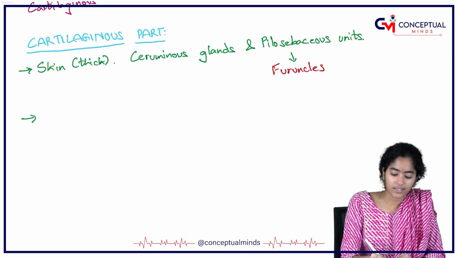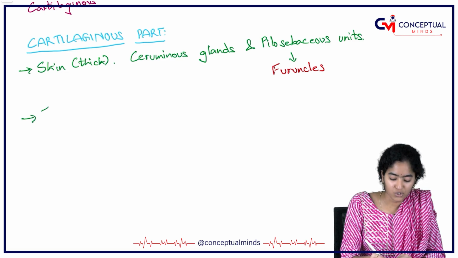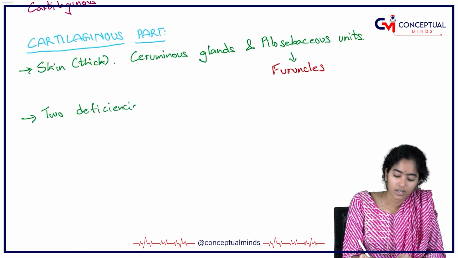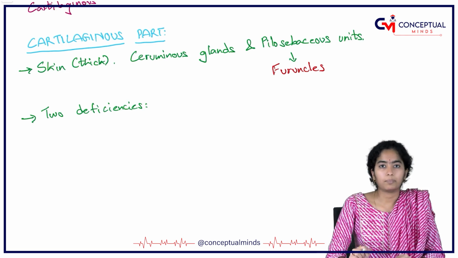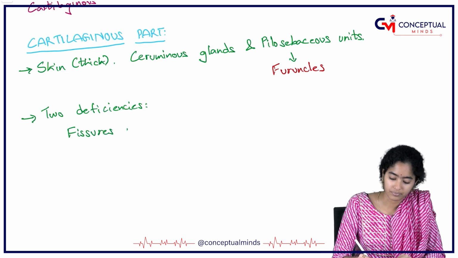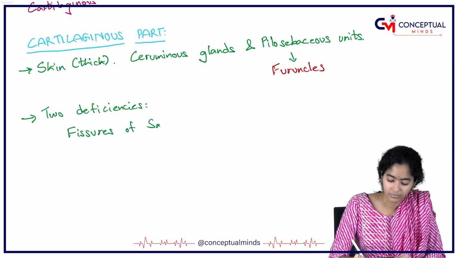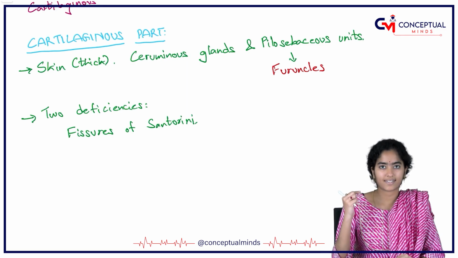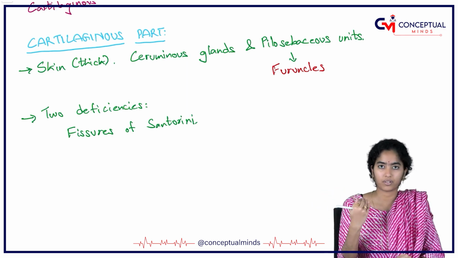Now in this cartilage, there are two deficiencies. In two places, the cartilage is not complete, and these are called fissures of Santorini. These are transverse slits present on the floor, horizontally.